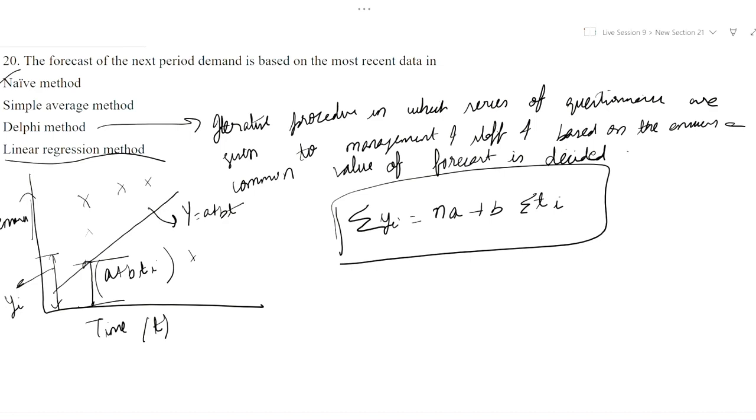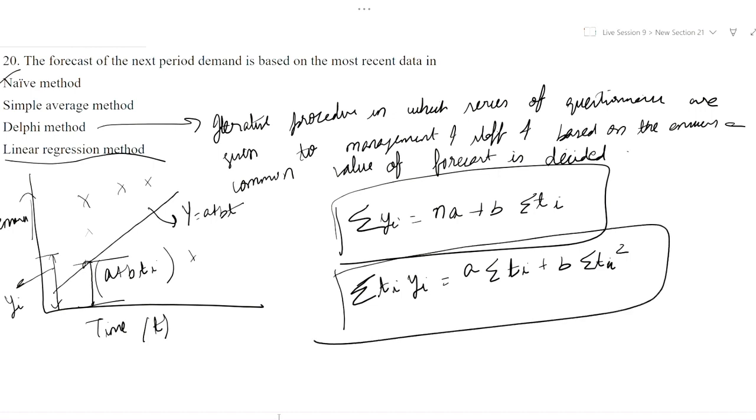Now after doing the derivation and everything, we get summation of ti yi is equal to a into summation of ti plus b into summation of ti square. Now this is the linear regression method.